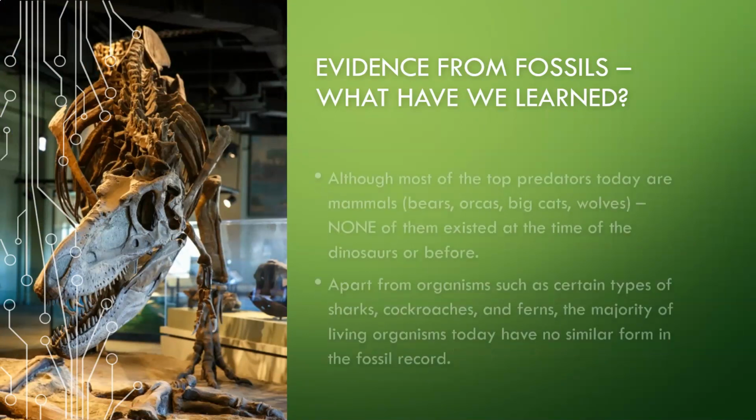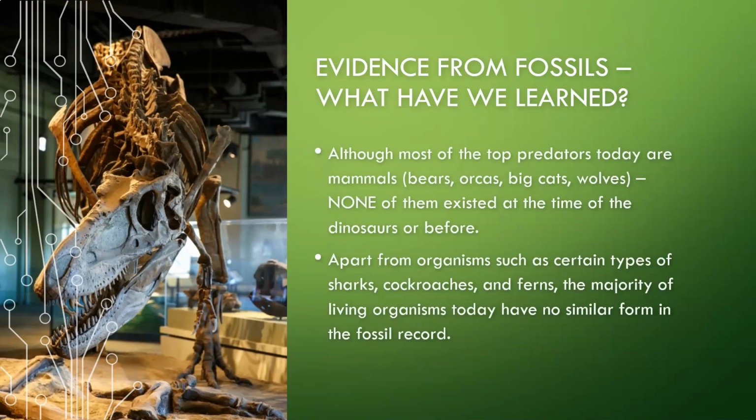What else have we learned? Well, although most of the top predators today are mammals, so bears, orcas, big cats, wolves, none of them existed at a time of the dinosaurs or before. And apart from organisms such as certain types of shark, cockroaches and some ferns, the majority of living organisms today have no similar form in the fossil record.